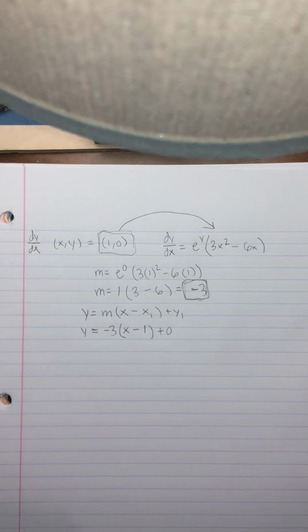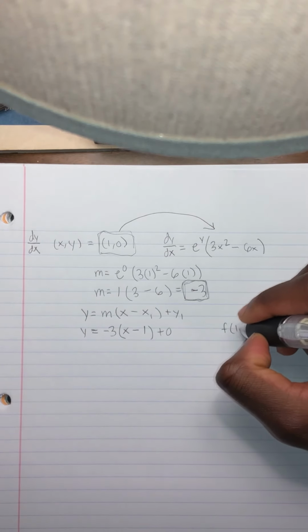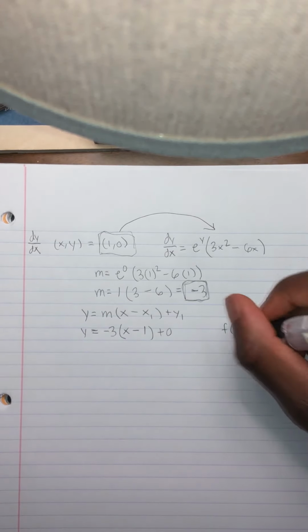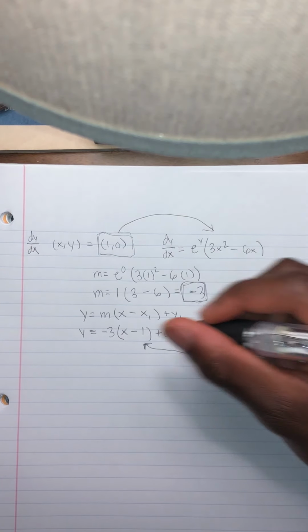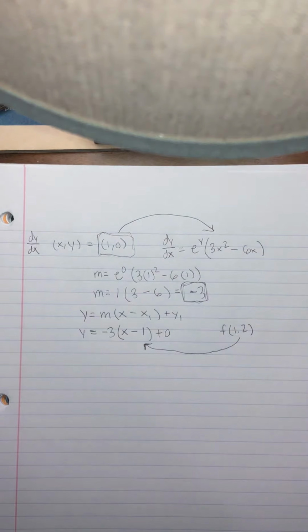Looking back at part A, it asks us to approximate f of 1.2. In order to get f of 1.2, we have to plug this x value into this equation to find the value of f of 1.2.